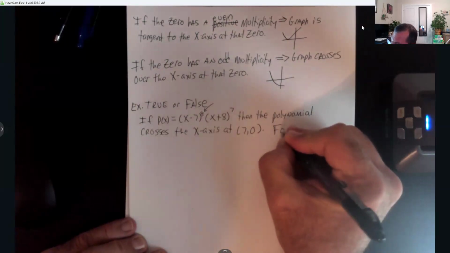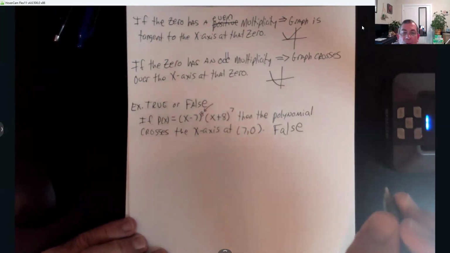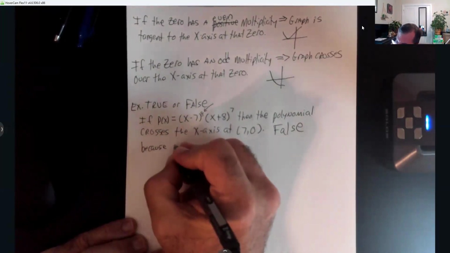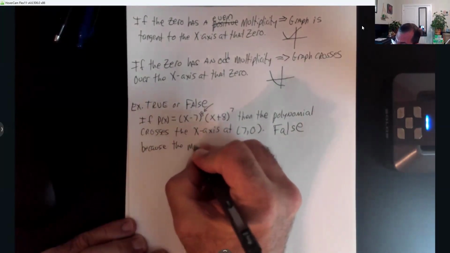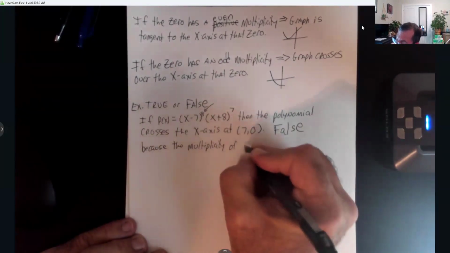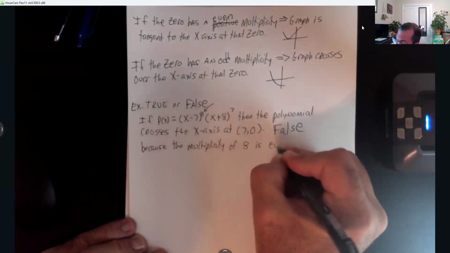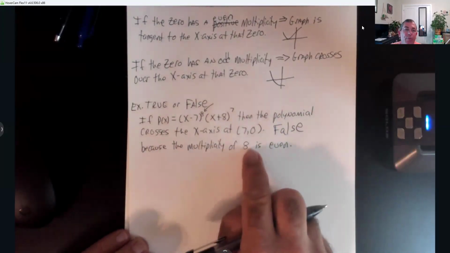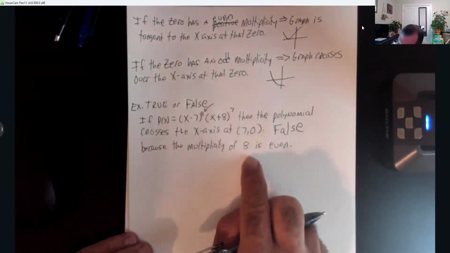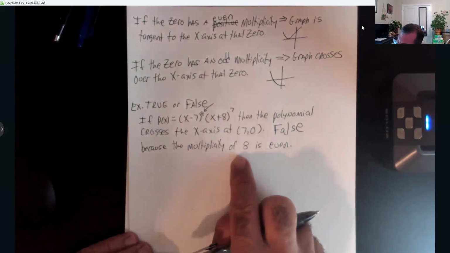So this one would be false because the multiplicity of 8 is even. Now, y'all don't got to put the reason. You're just saying yeah or no, but it does have reasons on this one. So we would say because the multiplicity of 8 is even, okay?